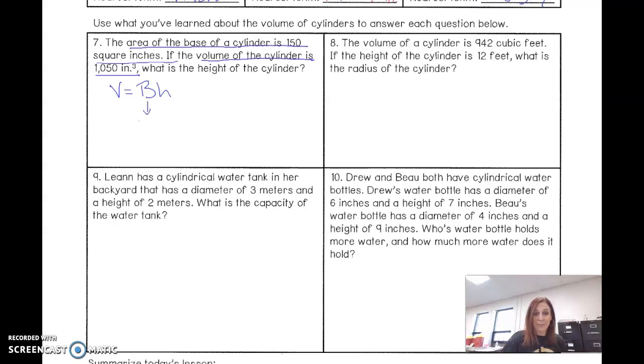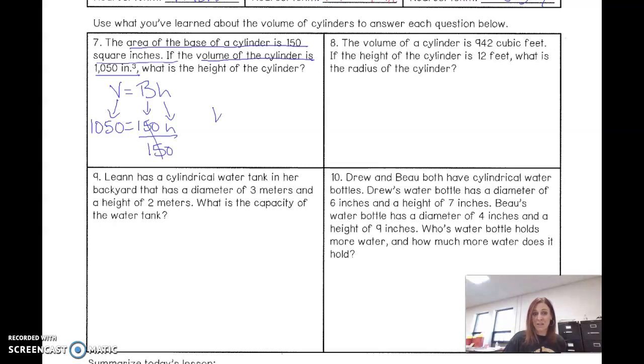So right here, for capital B, for area, I'm going to put 150. It tells you that the volume is 1050. So for V, I'm going to type in 1050. And what's a height? Well, we just bring down our h then, right? So now we have an equation. What are we solving for? H. What do we have to get rid of? 150. So I'm going to divide this side by 150.